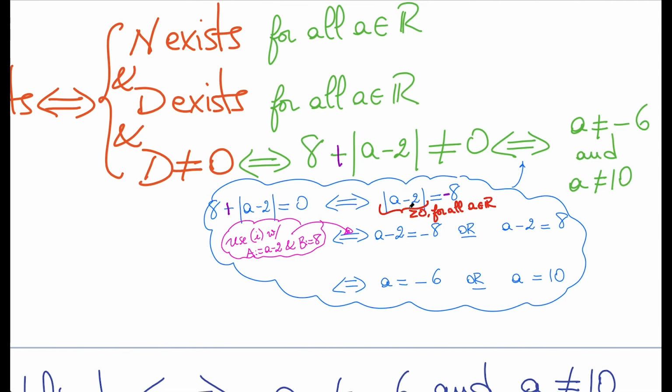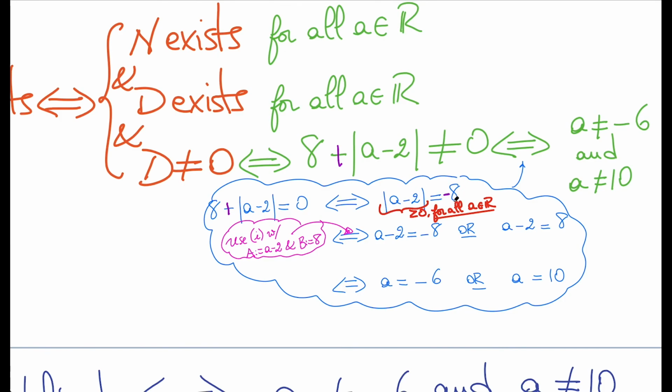So since this guy is at least 0 for all a, there is no a that makes this guy equal to a negative number. Okay? So one more time. Since the absolute value of anything is 0 or more, the absolute value of a minus 2 is at least 0 for all choices of a. As such, no matter what a is, that guy is going to be at least 0, and hence there is no a that makes this entity equal to a negative number.